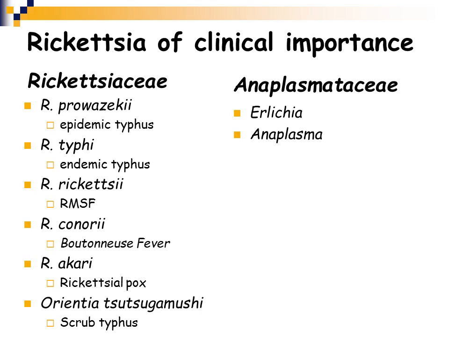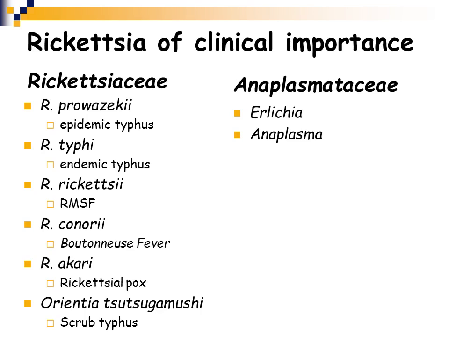In the Rickettsiae family, there are numerous organisms. They include Rickettsia prowazekii, which is the causative agent of epidemic typhus. There's Rickettsia typhi, which causes endemic typhus. Rickettsia rickettsii, which causes Rocky Mountain spotted fever.